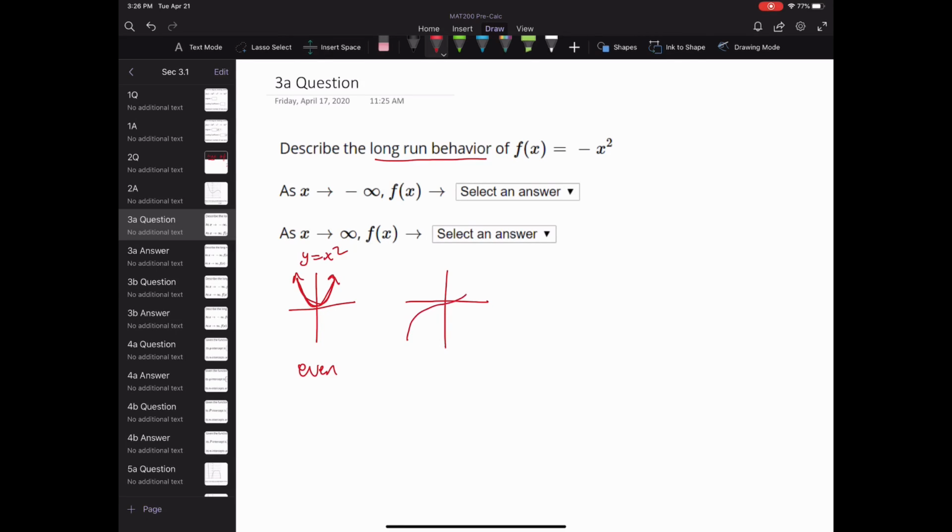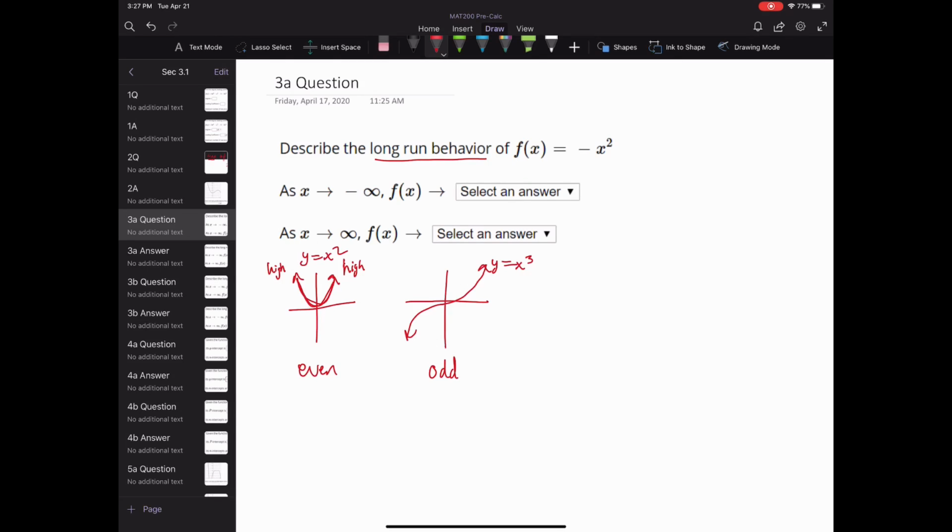Now, also think about this one: y equal x to the third. It has an odd exponent. We want to use this to help us. So think about it like this: a polynomial that has an even exponent starts high, goes down, and then ends high.